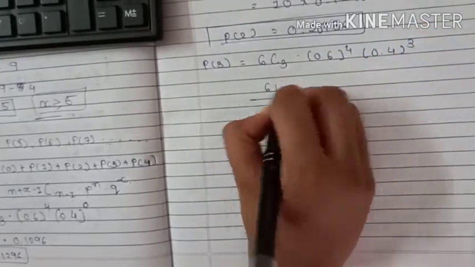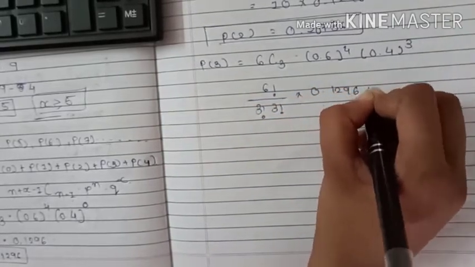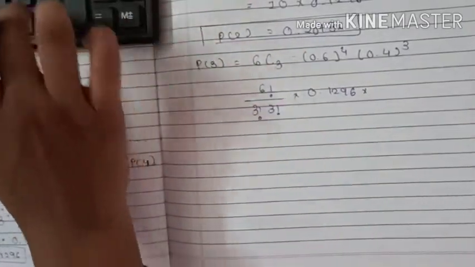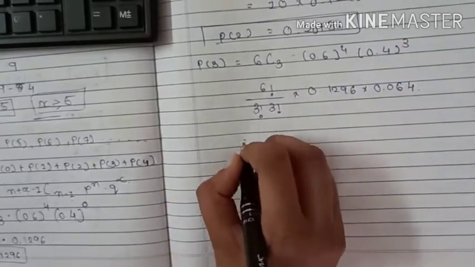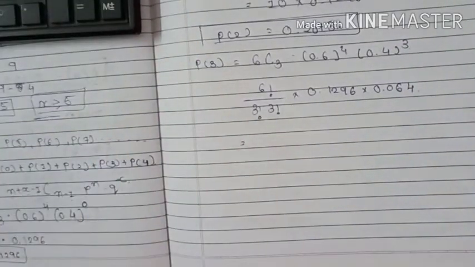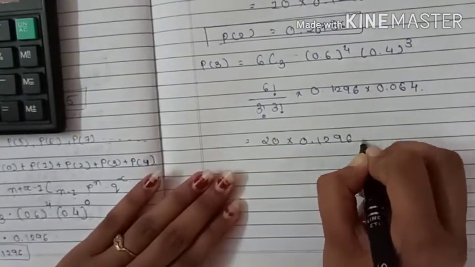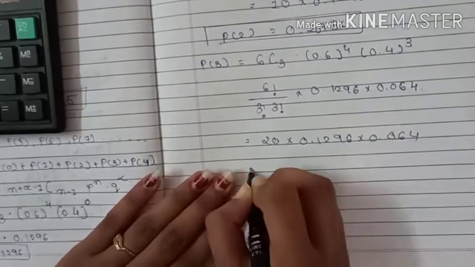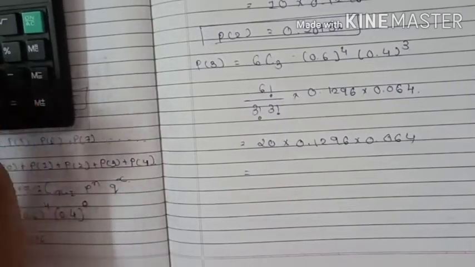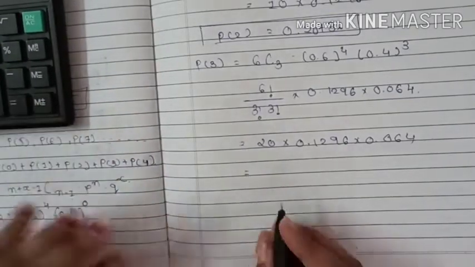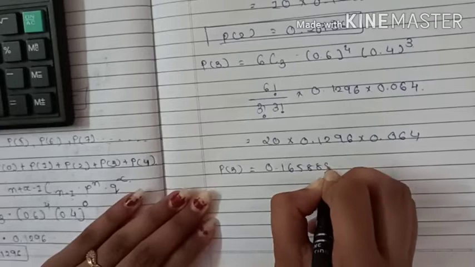So 6 factorial over 3 factorial times 3 factorial, which is 20, into 0.1296 into 0.064. P3 will become 0.165888.